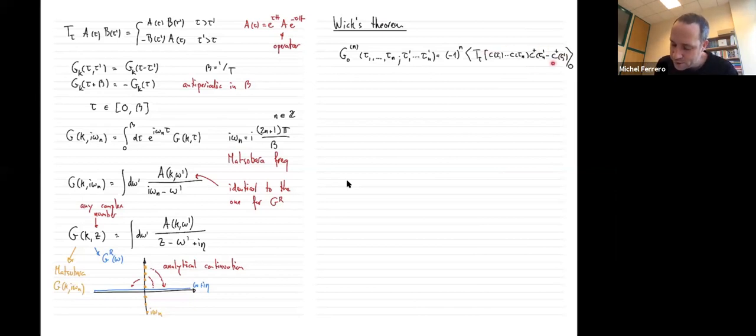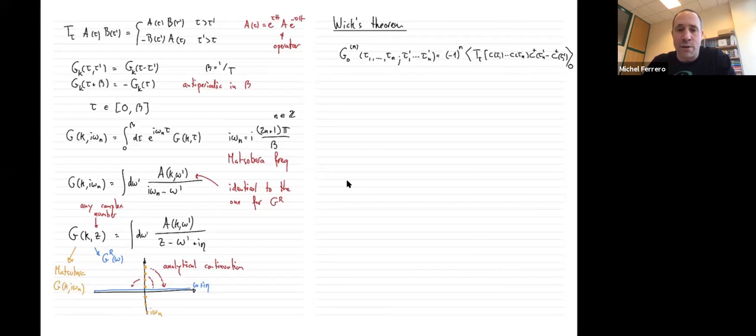It creates n particles and destroys n particles. So it's a generalized propagator for n particles. And this is in principle a very tough object to compute in the general case. If we were able to compute these easily, then we would have lots of properties of the system. But in general, it's a very difficult thing to compute.